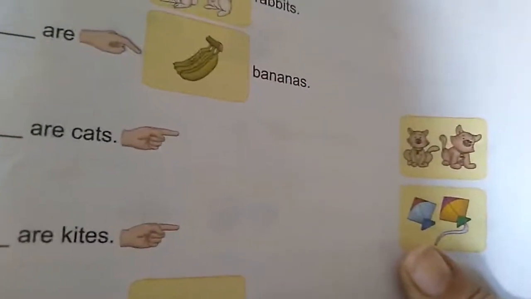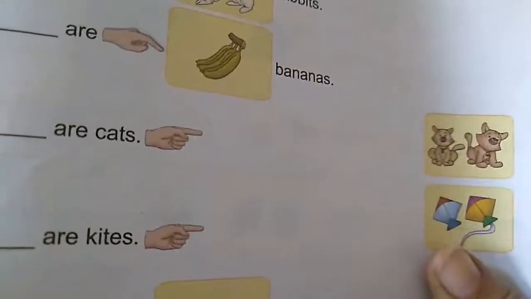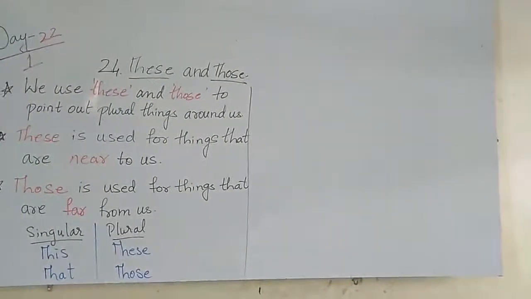The kites are far away from us, then we say those are kites. Here you can see the birds are close to us, then we say these are birds. Yes, children. So here we learn how the things are far away and close to us.